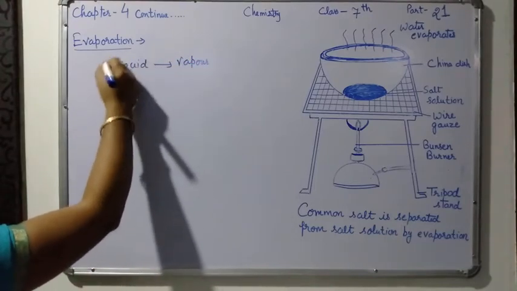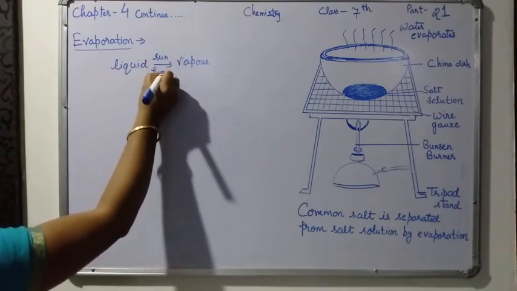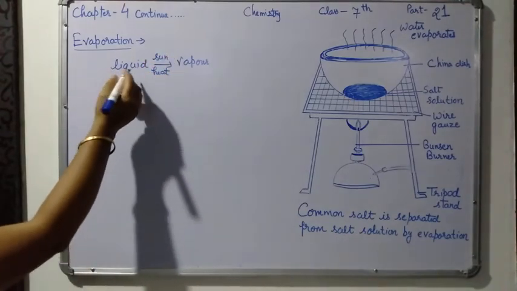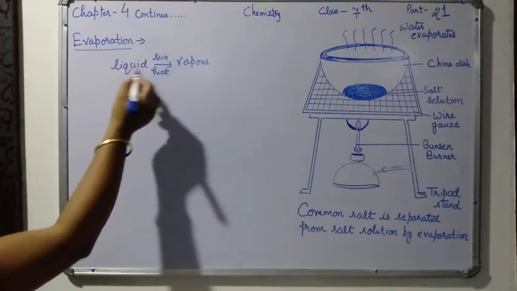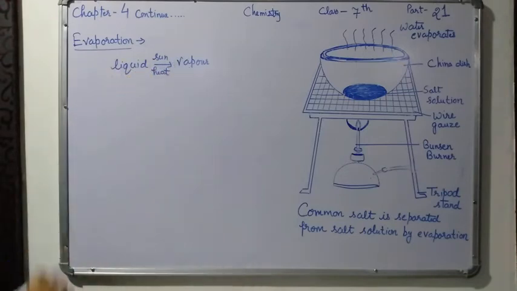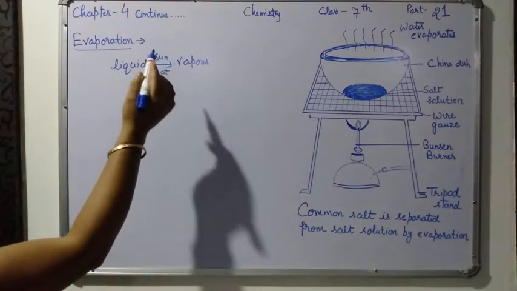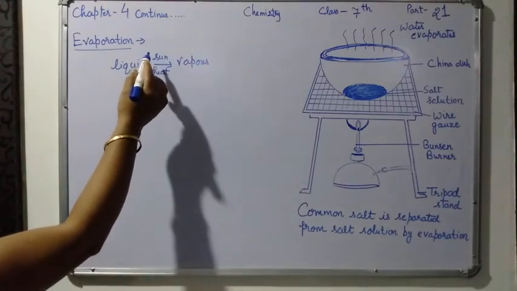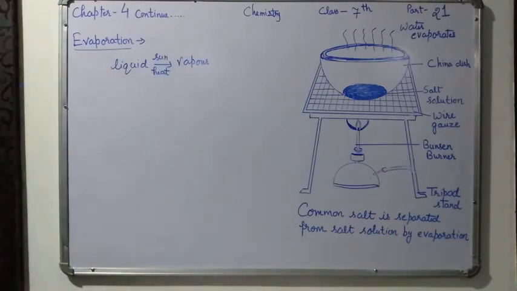Either you keep the liquid in the sun or you heat it, and then the liquid will change into vapor. The process of converting a liquid into vapor by exposing it to the sun or by heating is called evaporation.